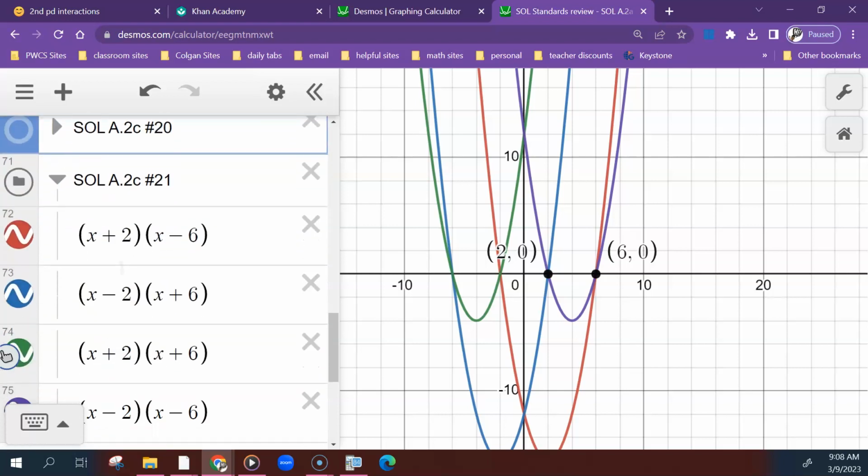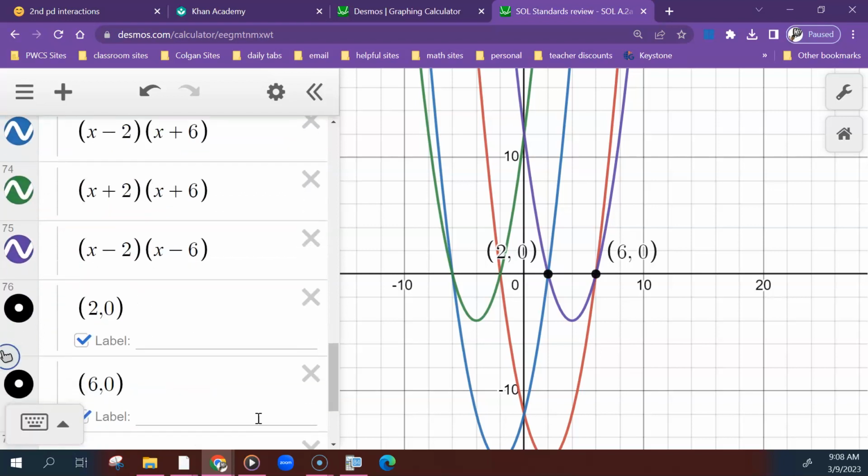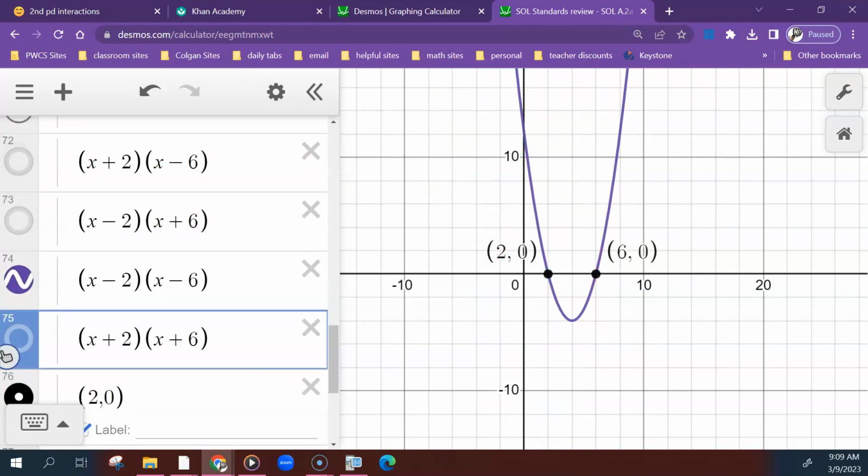And then, even though this format is weird, you can put each of the answer choices in and see which one goes through those 2 points. It said your solutions were 2 and 6. If you plot those 2 points and see which of these go through them, I think it was the first one. So that will tell you that's your answer.